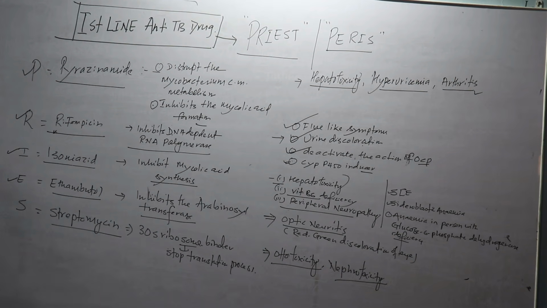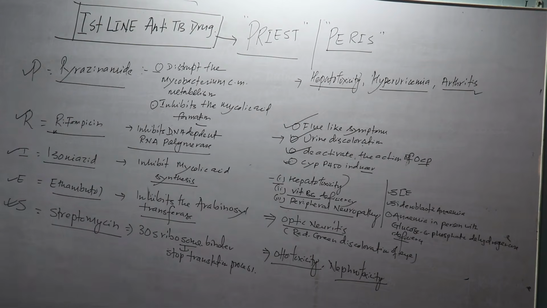So this is PRIES, and the last one, T for TB. These are the common drugs used as first-line anti-TB drugs. P for pyrazinamide, R for rifampicin, I for isoniazid, E for ethambutol, S for streptomycin.